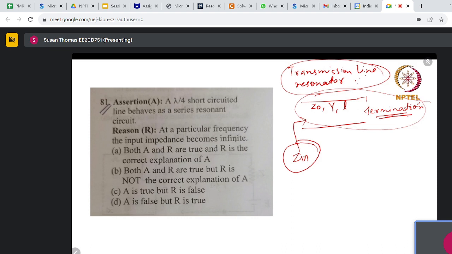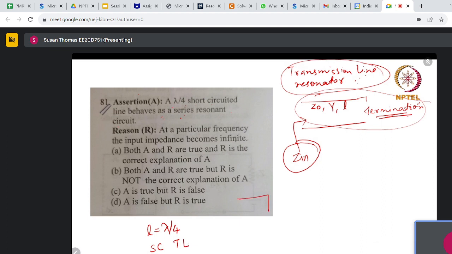So let us look at this question. Again, it is an assertion reason question. The first statement, the assertion: lambda by 4 short circuited line behaves as a series resonant circuit. So let us write down, it's lambda by 4 and it's a short circuited transmission line.